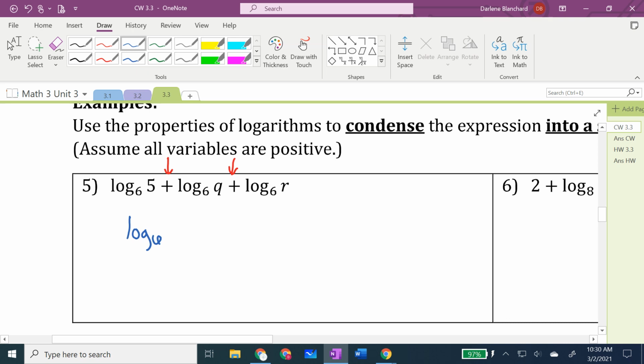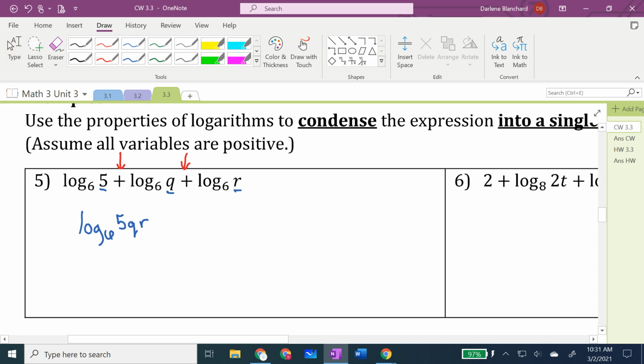So I can actually have each of the insides multiplying inside the one logarithm. And then that's condensed. And so I'm starting you off with an easy problem, and then I'm moving to one that's a little bit harder.